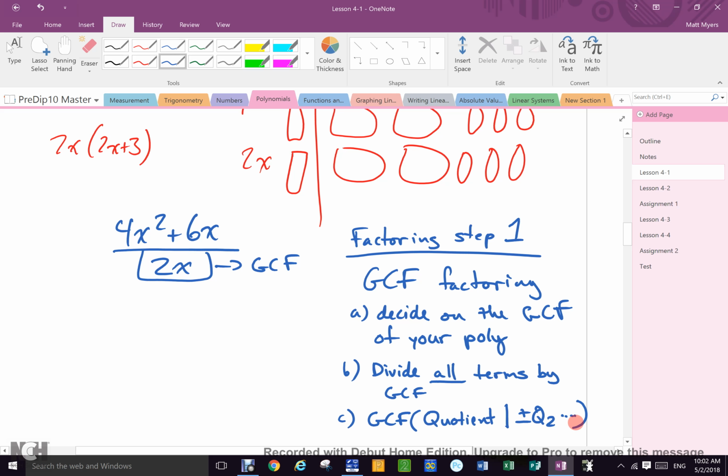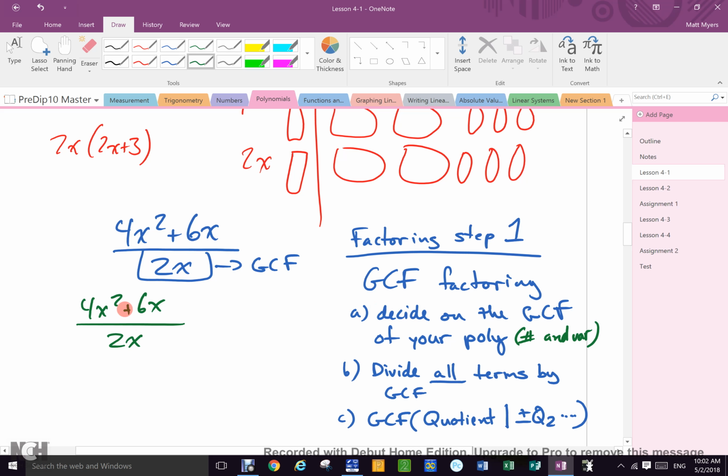So, let's run this one through. 4x squared plus 6x. That's step 1. Decide on your GCF. GCFs include numbers and variables. What is the GCF of 4 and 6? 2. What is the GCF of x squared and x? x. We decided on our GCF.